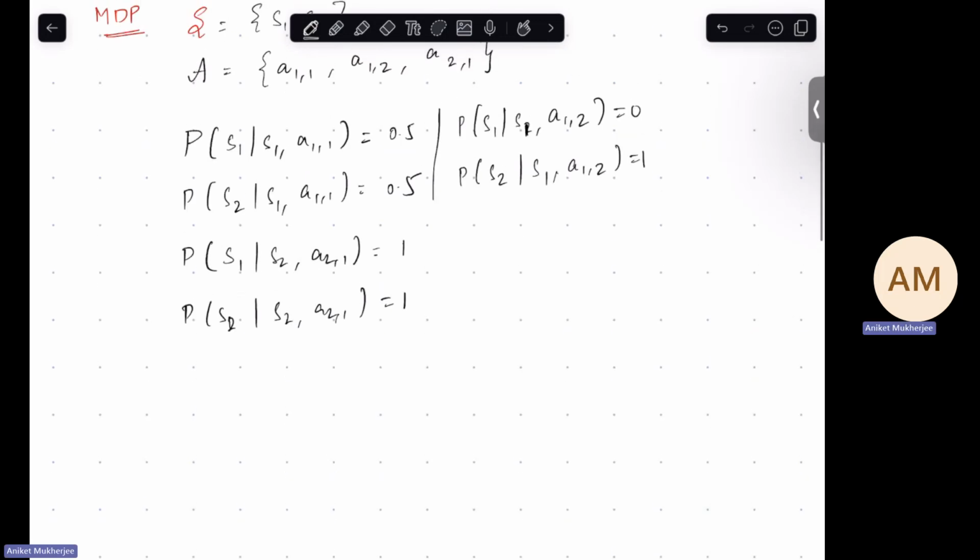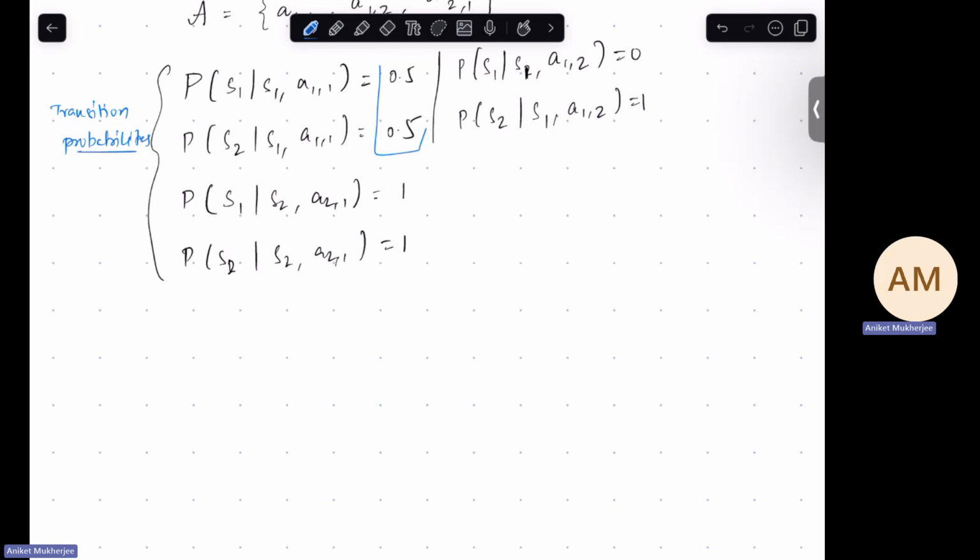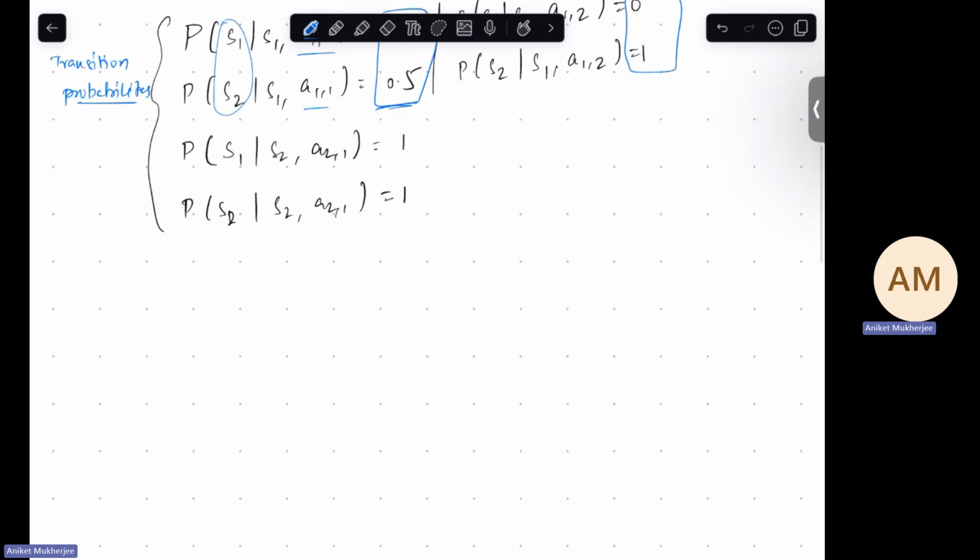So these are your transition probabilities. And you see each of these transition probabilities adds up to 1. For a fixed action across all states, the probability adds up to 1, because you have to end up in some state after you take it.